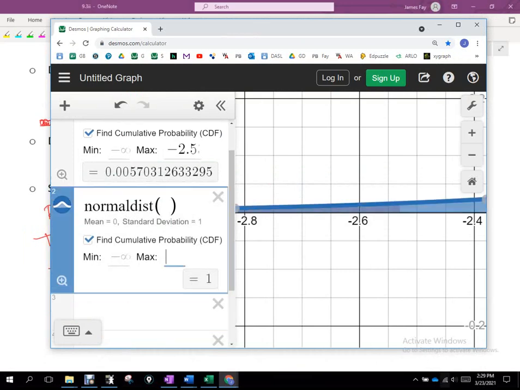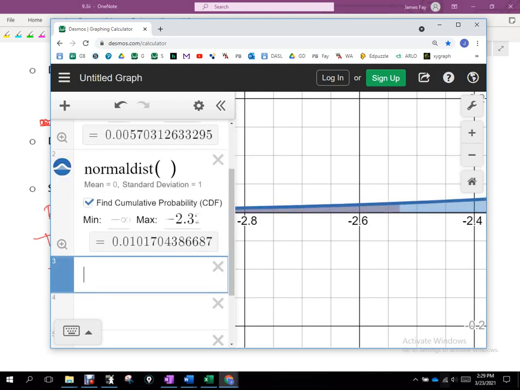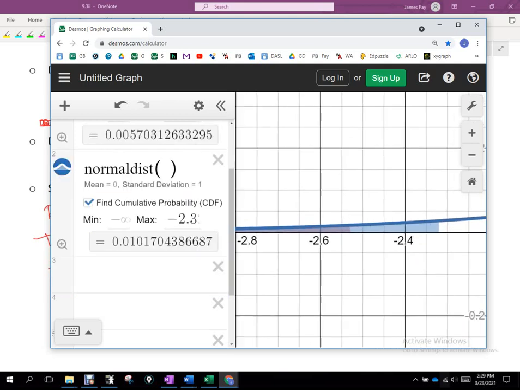So I'm going to put that on top of what we're dealing with here.